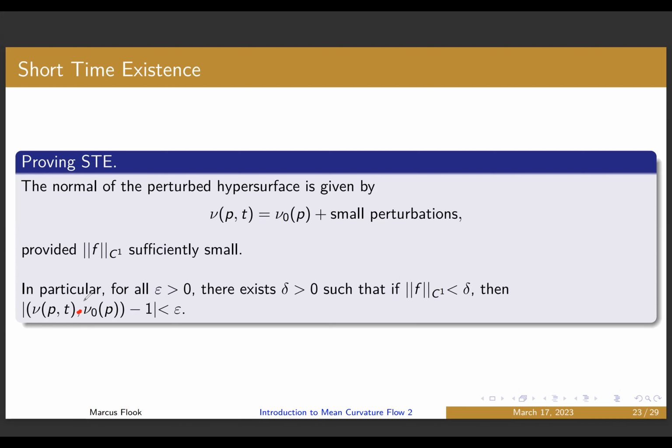So we can make these sufficiently close to each other, provided we have a nice upper bound on C1. So we're mainly noticing that provided we have a good bound on the C1 norm of f, this problem is controlled very well.